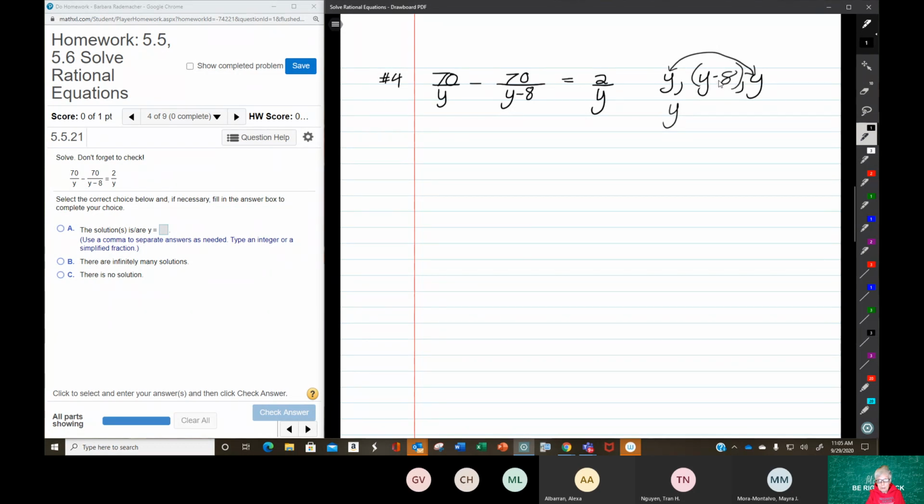So I have two factors that will not go evenly into each other, y and y minus 8. So my LCD is going to be y times y minus 8.